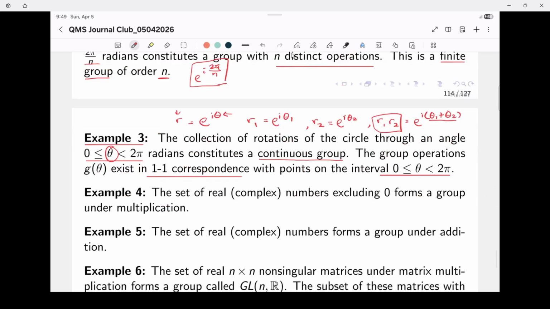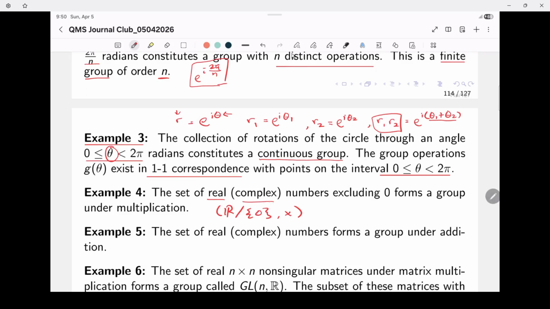So what would be other examples that we are familiar with? Let's say you have real numbers or complex numbers. Let's say real numbers. When you exclude 0, it forms a group under multiplication. You can try to verify this.